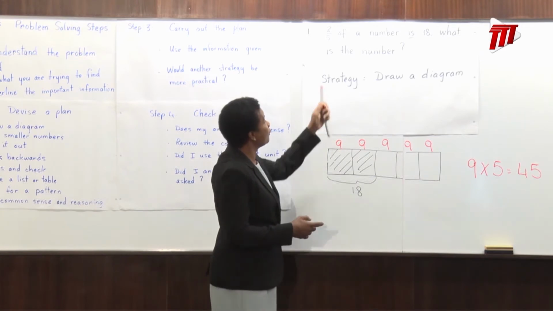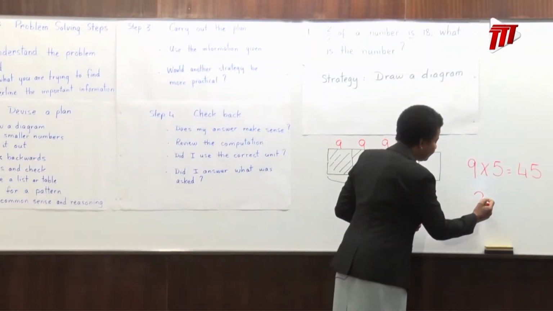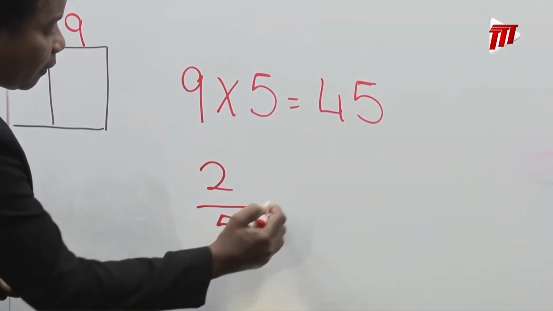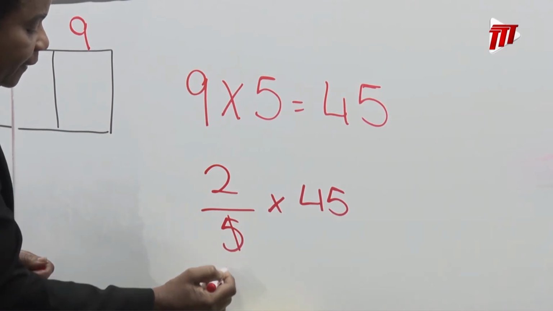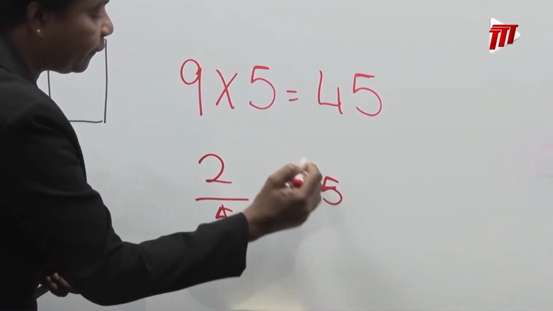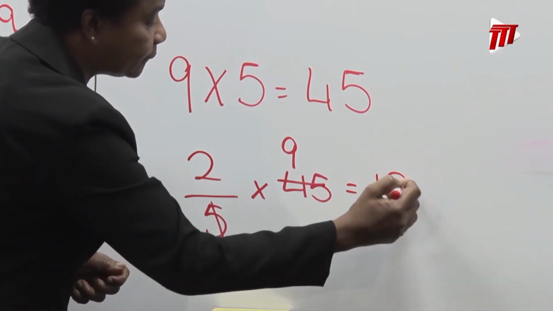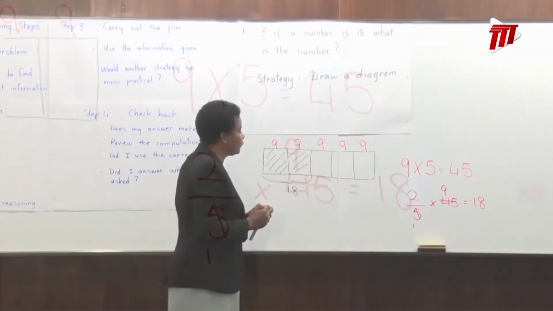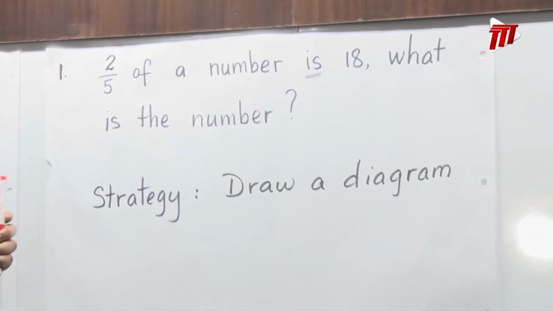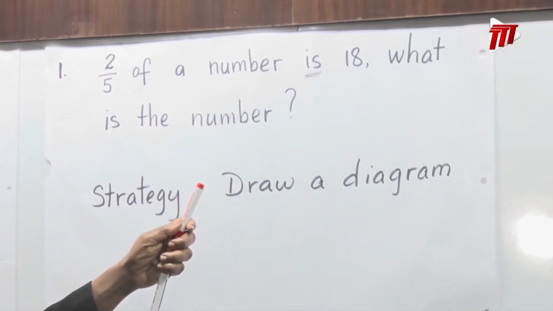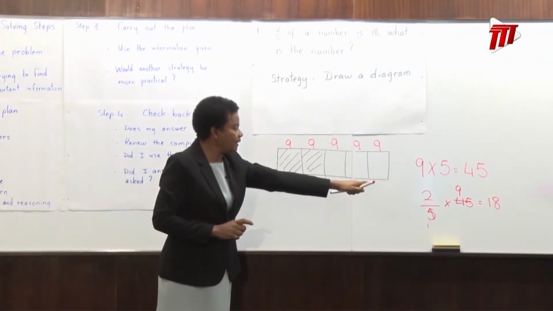So we're going to work out 2/5 of 45. 5 into 45, 9. 2 times 9 is 18. So we have checked back to make sure our answer is correct. So if 2/5 of a number is 18, what is the number? Then the number will be 45.